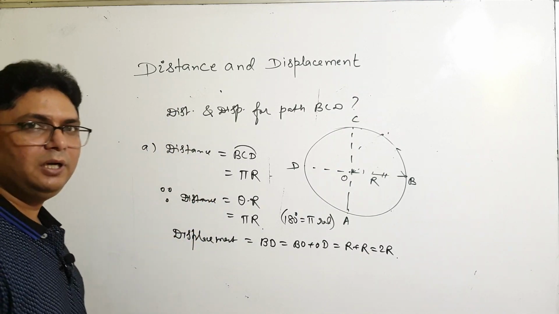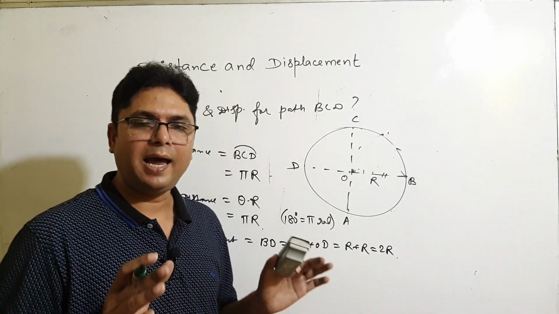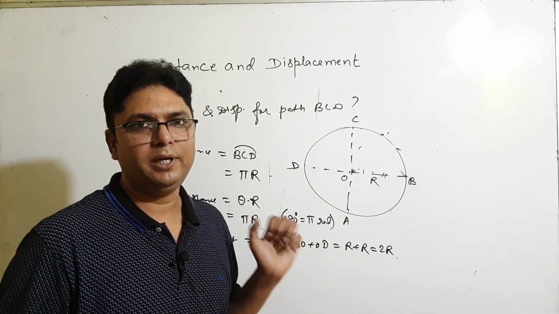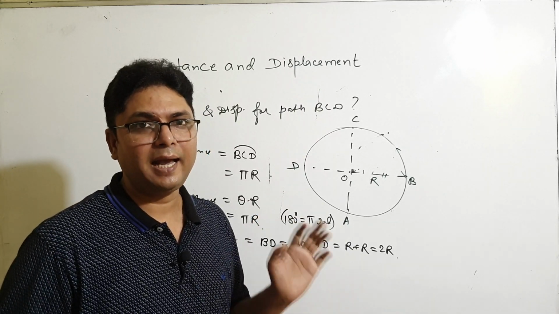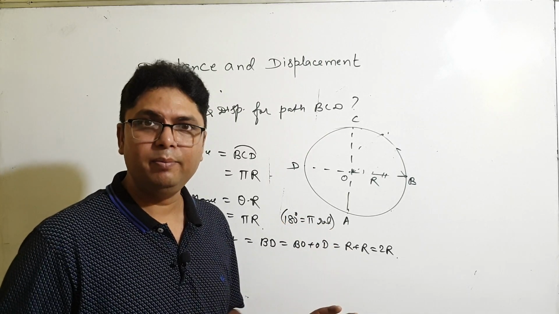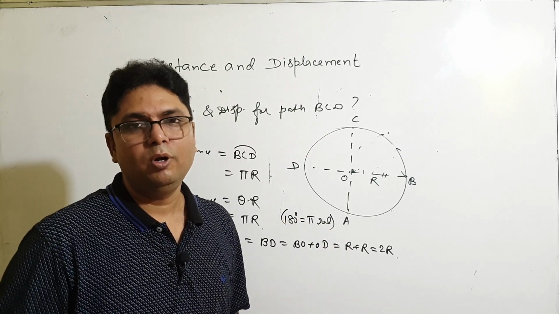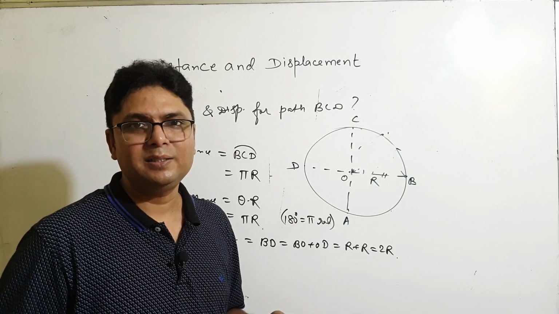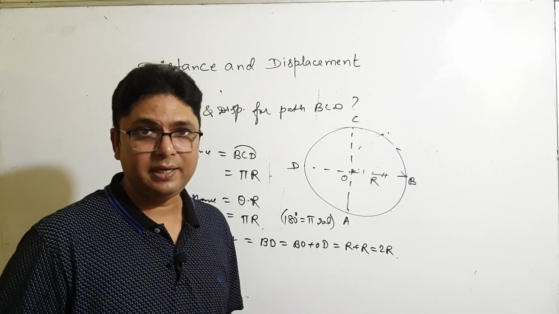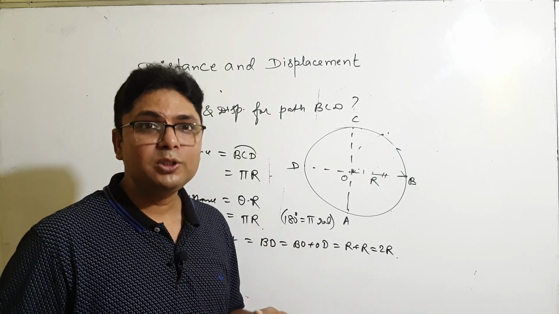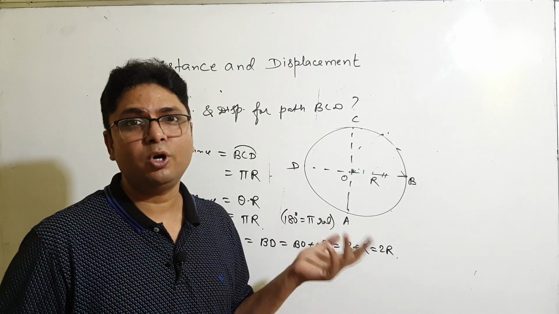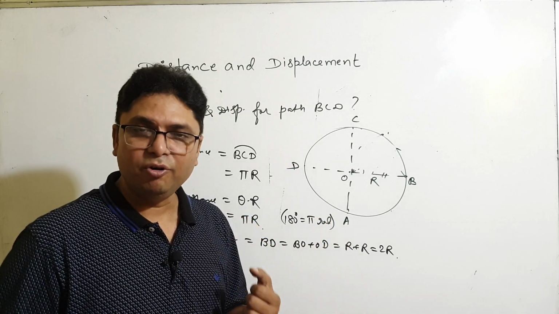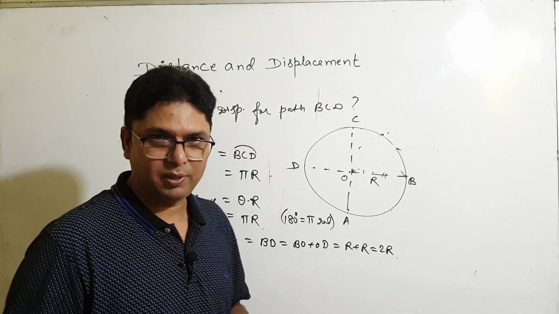Thus you have learned that distance is always a positive quantity, but displacement can be 0, negative and positive. Distance is a scalar quantity and displacement is a vector quantity. Distance depends on path, displacement does not depend on path. These points should be written for the difference between distance and displacement.